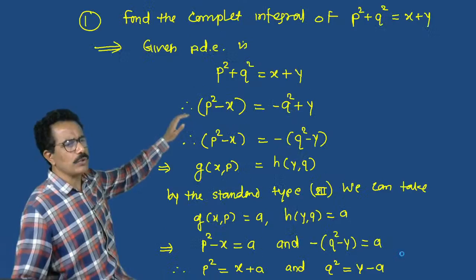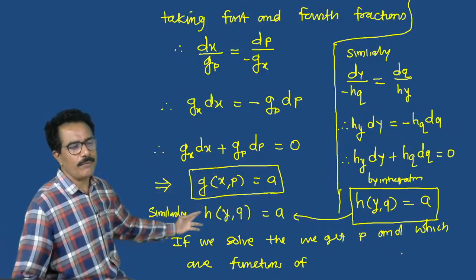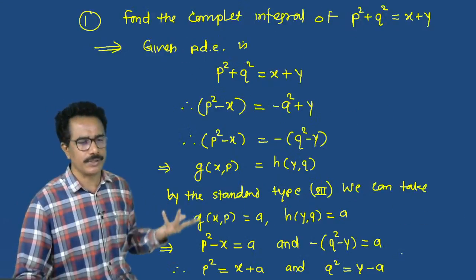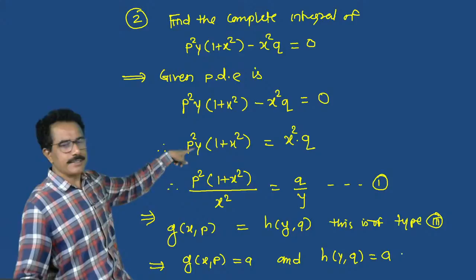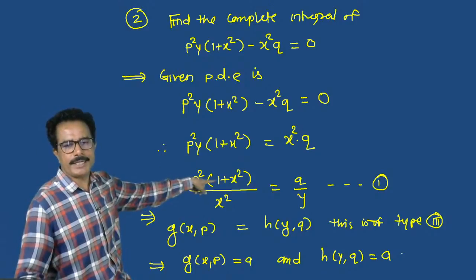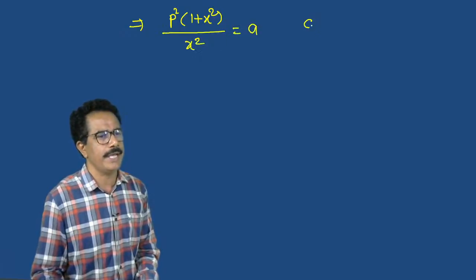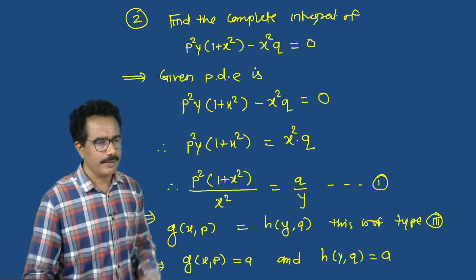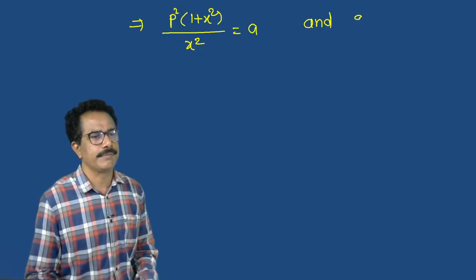Means we have to use this theory: g of x comma p is equal to a, h of y comma q is equal to a. So we have to convert this. Replace this, that means p square inner bracket 1 plus x square divided by x square is equal to a, and the second term q by y is equal to a.